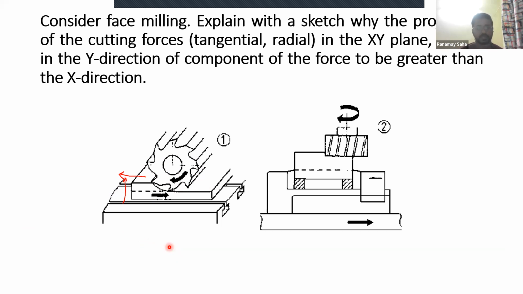That way you can show that the tangential or cutting force happens to be the higher. Once you project that in the XY plane, in other words, this y direction component happens to be greater than the x direction. So let's move to the next slide.